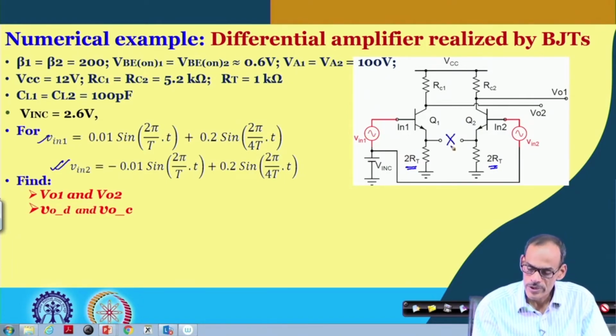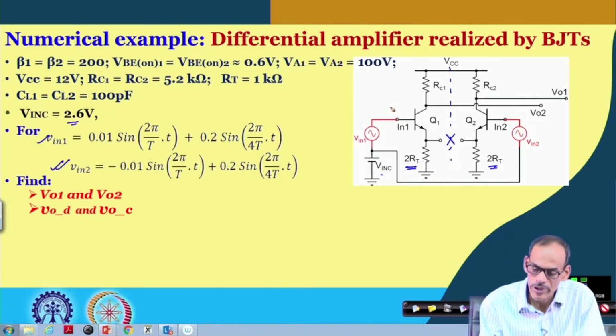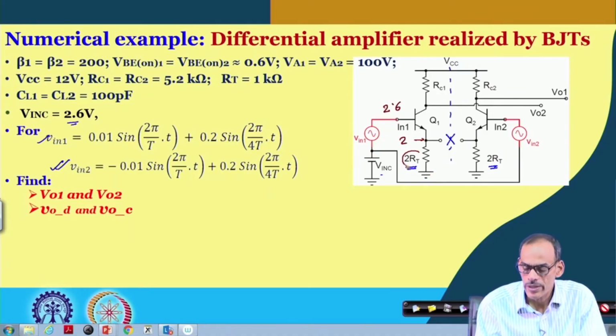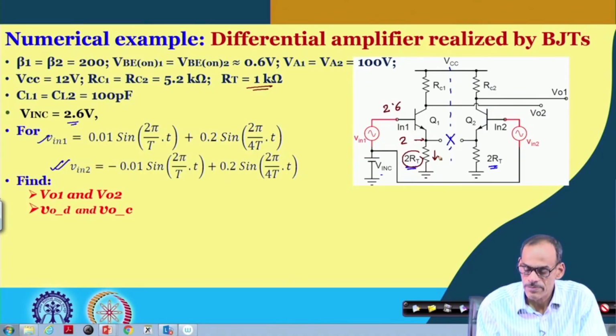Once we have an identical split here, even though we are applying the same 2.6 volt, the operating point remains the same, but the left and right halves are completely isolated. Here the DC voltage is 2.6, the voltage coming here is 2 volt, and with 2 RT, RT equal to 1 K, this current is 1 milliampere.